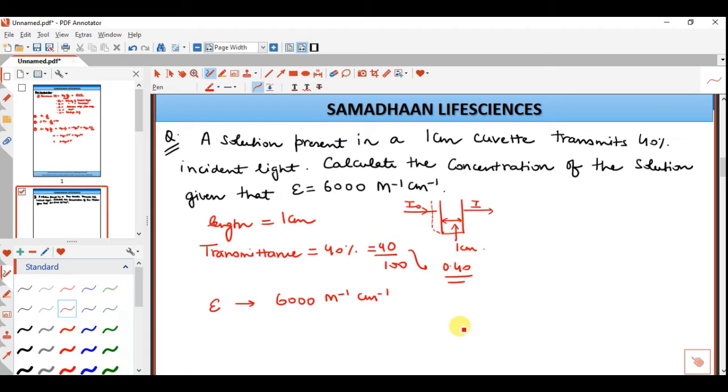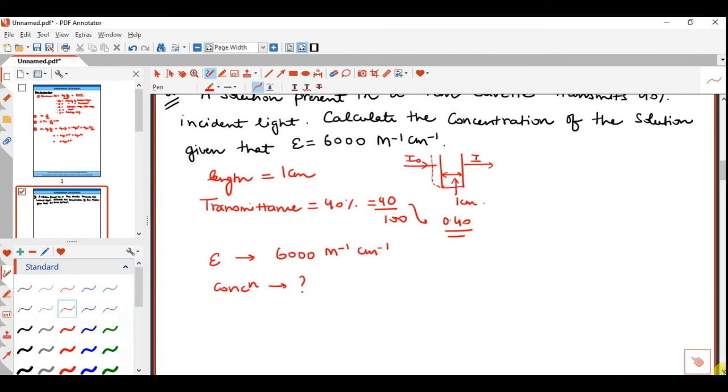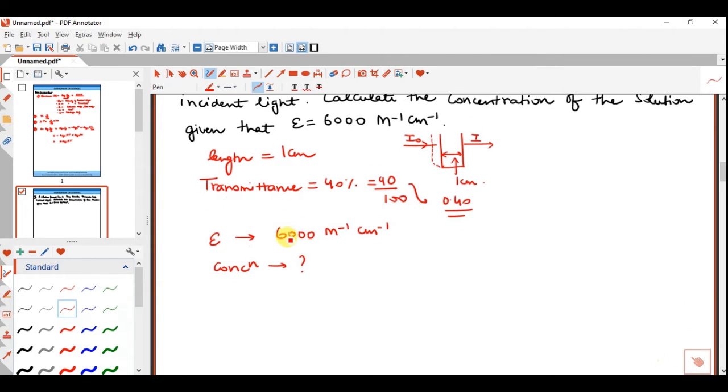And they are asking you the concentration. Concentration is unknown. So if you remember, we just wrote down the formula in which we could convert this transmittance into absorbance, or absorbance and transmittance were interrelated.